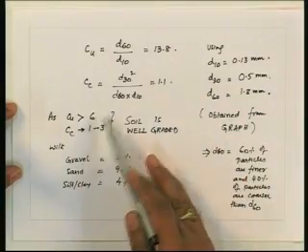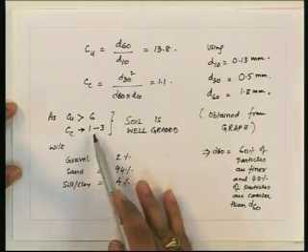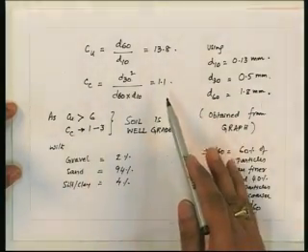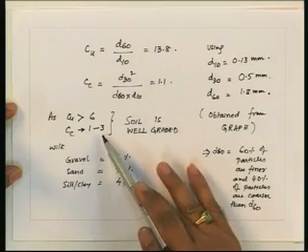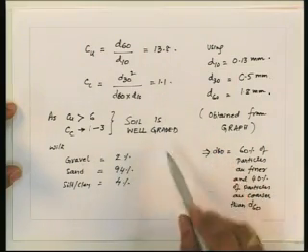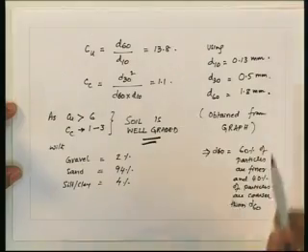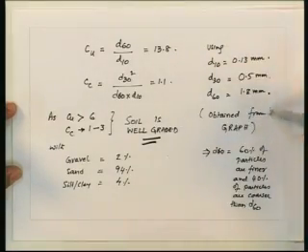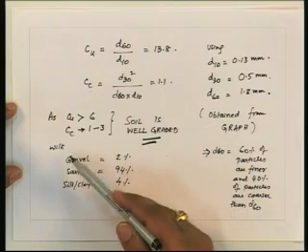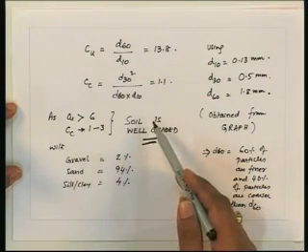As Cu is greater than 6 and Cc is in the range of 1 to 3, the soil is said to be well graded. These particle sizes are obtained from the graph.